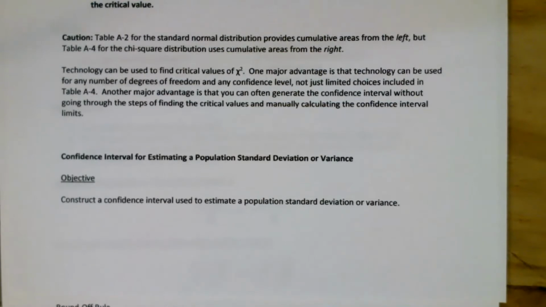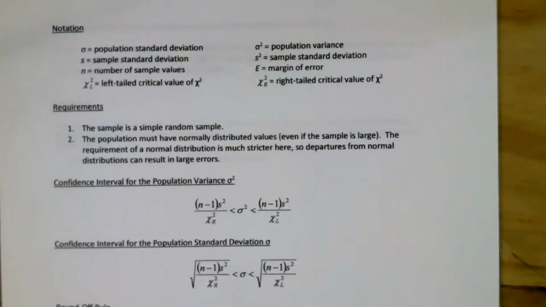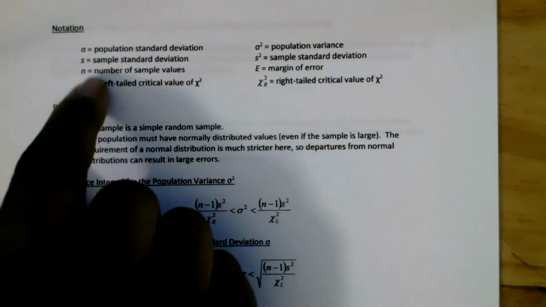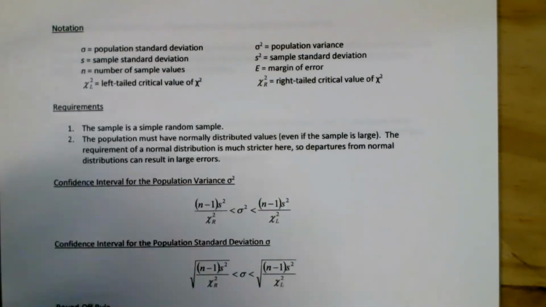Okay, so here we're going to look at finding a confidence interval for estimating a population standard deviation or variance. And this is on the next page. And I have provided notation here that we will be using. Like sigma is the population standard deviation and S is the sample standard deviation.